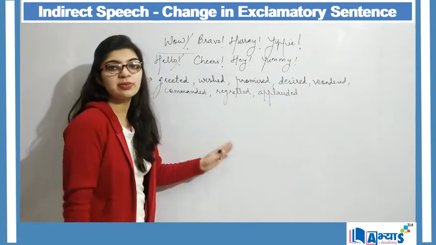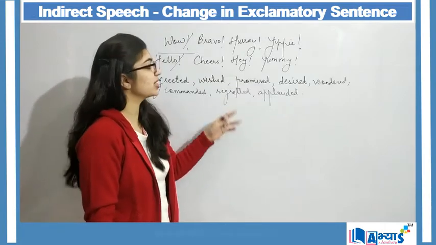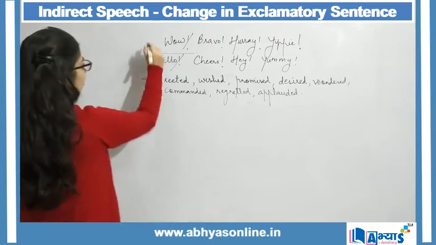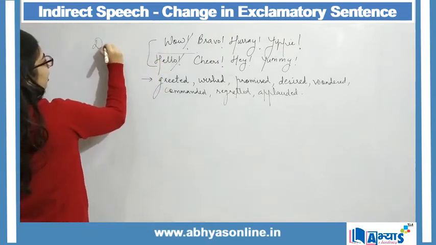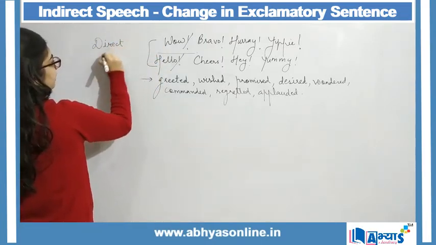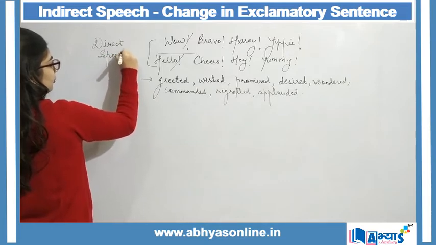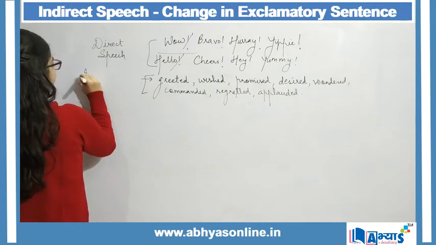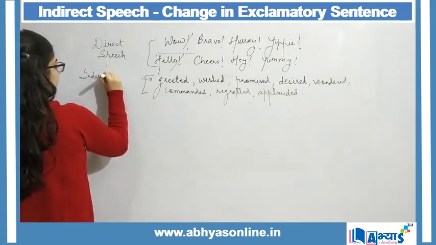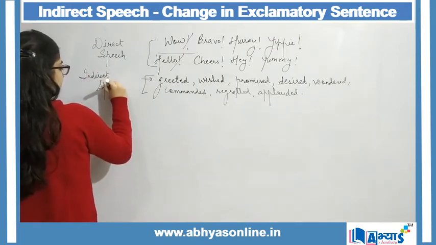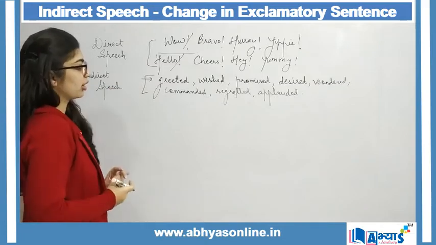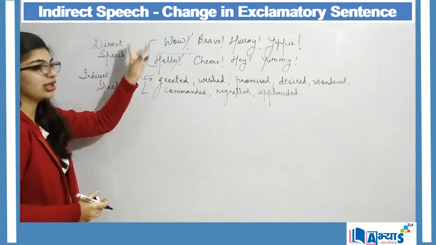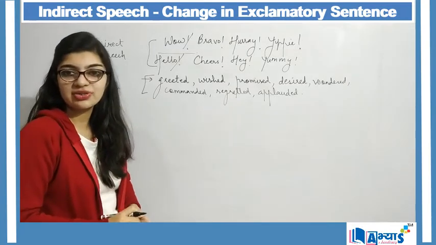So these are some of the words which are used in place of the exclamatory words. Now these exclamatory words are meant for direct speech and these words are meant for indirect speech. So these words are replaced by these words when we are converting from direct to indirect speech.